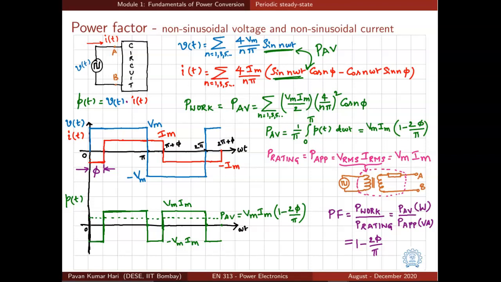So the P average is 1 by pi integral 0 to pi P of t d omega t, because the periodicity of P of t, the green waveform, is only half of that of the voltage waveform or current waveform, or the frequency is twice. So with this integral we can easily determine the average value of power. P average is equal to Vm Im into 1 minus 2 phi by pi.